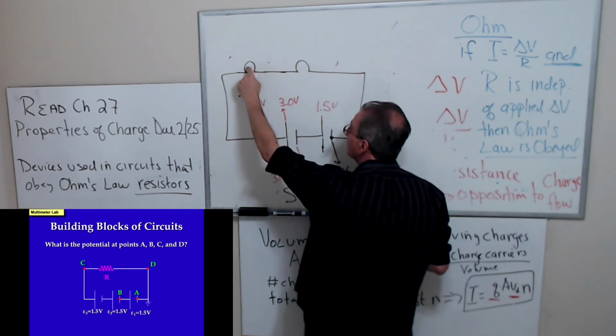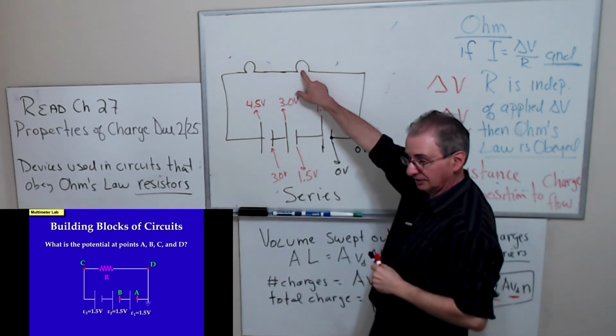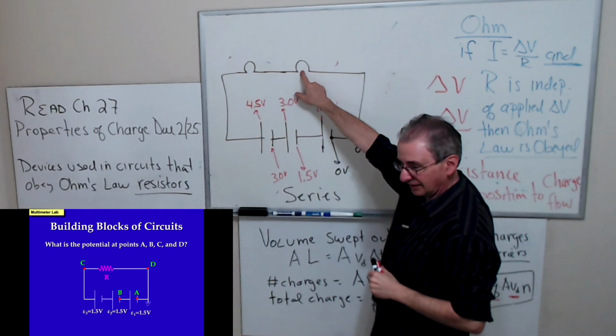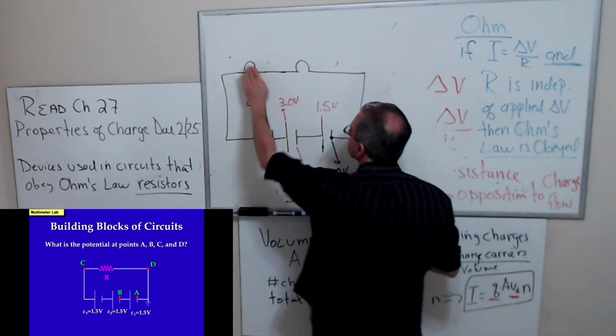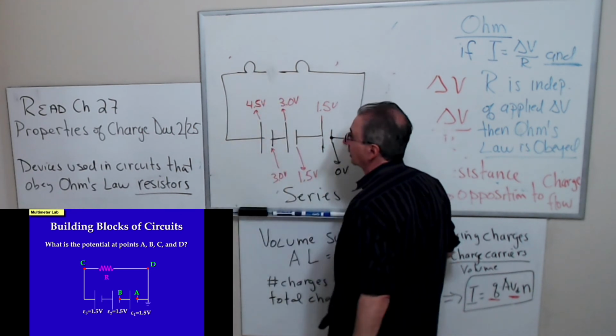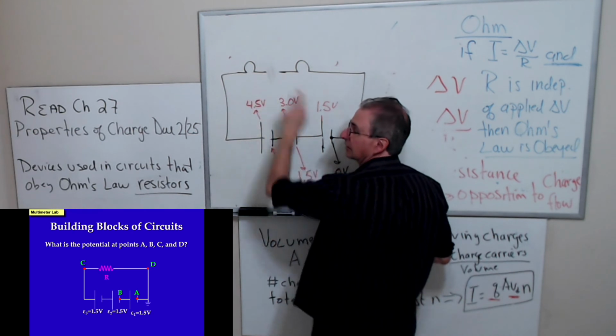What happens to my circuit? What happens to this bulb? It goes out. If this one goes out, they both go out. Because if this goes out, it's the same as if I broke my circuit. The electrons get here, and then they ask, okay, where do I go? I can't go anywhere.